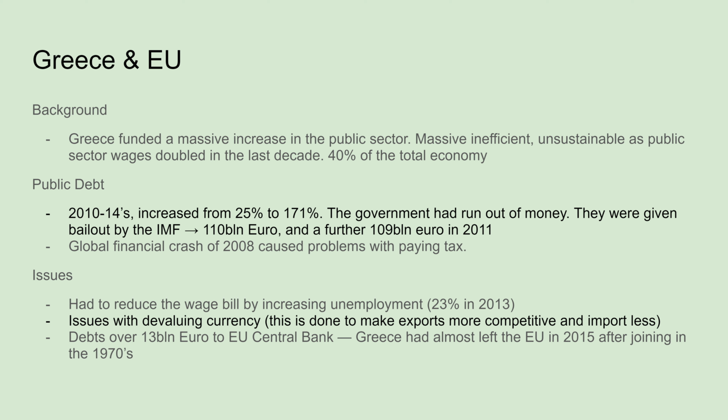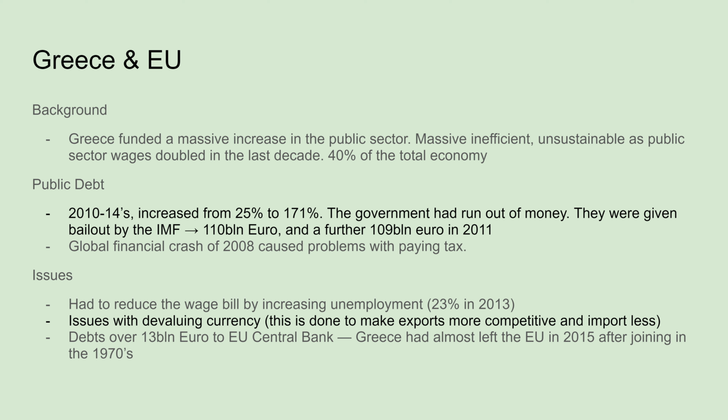They were given a bailout by the IMF, if you remember, the International Monetary Fund. They were given 110 billion euros and a further 109 billion euros in 2011. Also, the global financial crash of 2008 caused problems with paying tax.